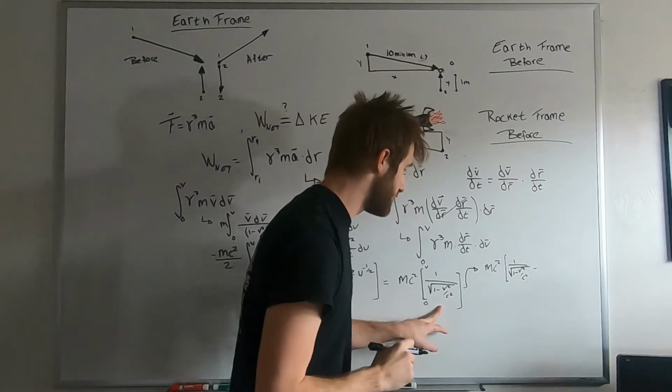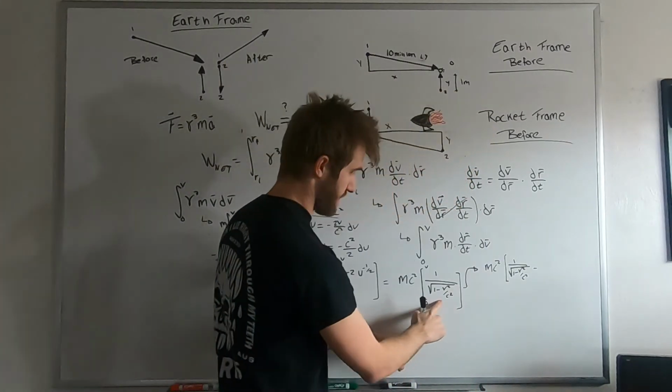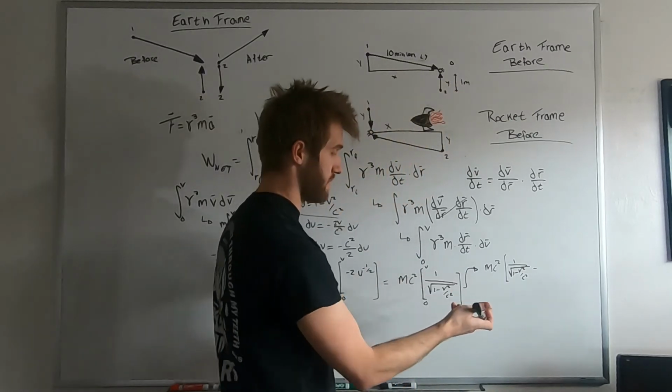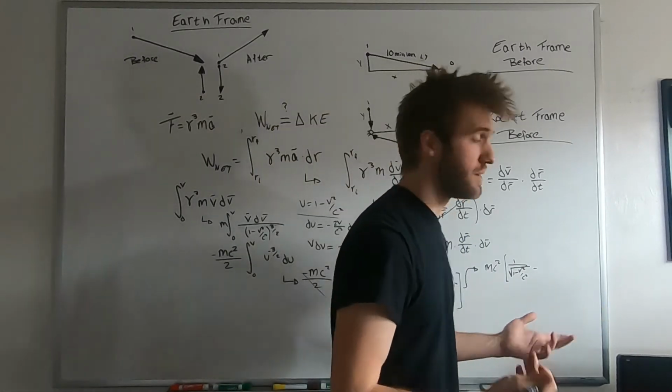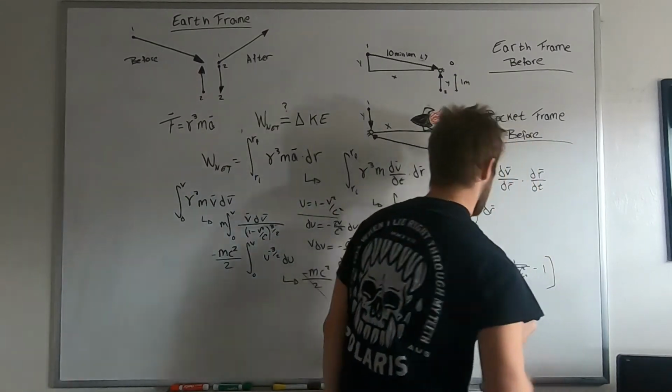We got minus 1, right? Because this obviously is going to be 0 over c squared, and 1 minus 0, take the square root of 1, which is 1, so we just got 1. So 1, and there we go.